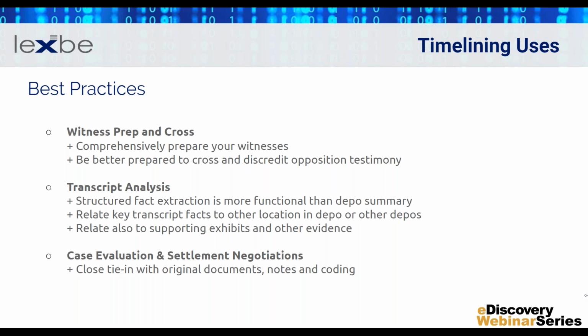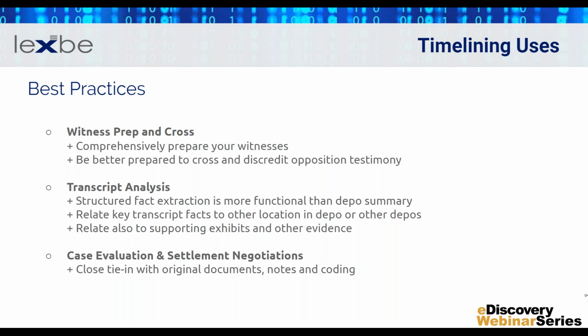Transcript analysis is something that I haven't mentioned yet, but I'll show you an example in a few minutes of how you can do that. And it's something that I think is not commonly thought of when timelining in e-discovery. Timelines can be used as a more structured fact extraction. I think more functional really than the old-fashioned depo summary.